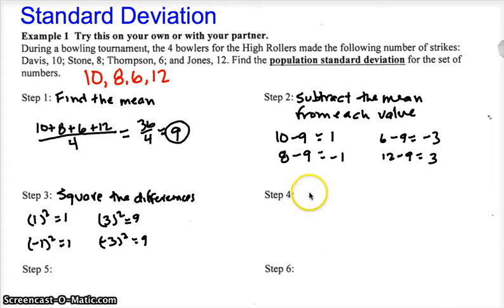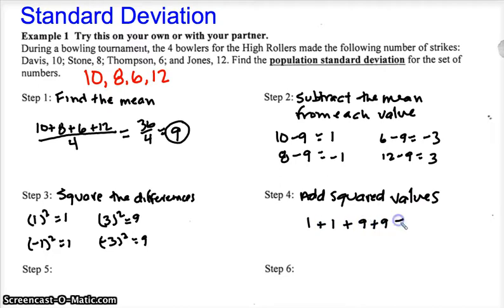Step 4 is to add the squared values. All right, so I'm going to be doing 1 plus 1 plus 9 plus 9, and that totals 20. We're getting close.